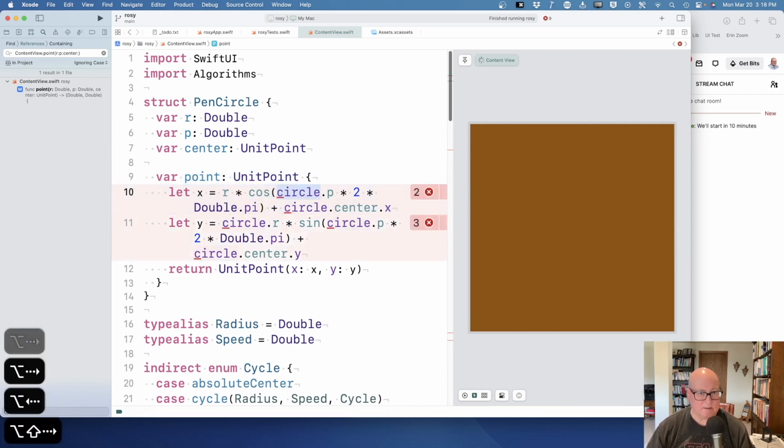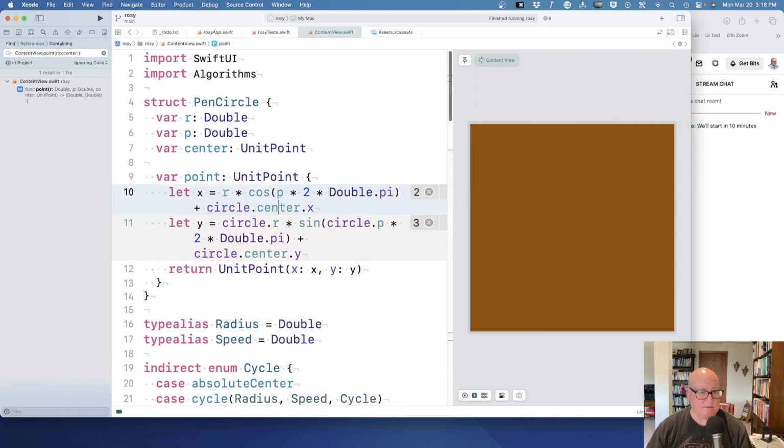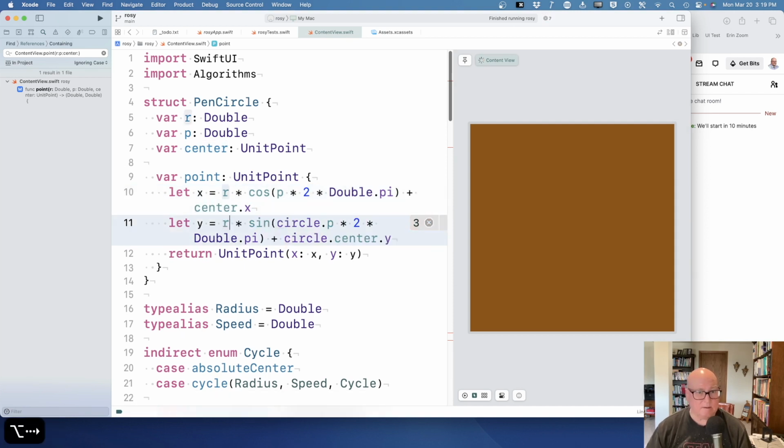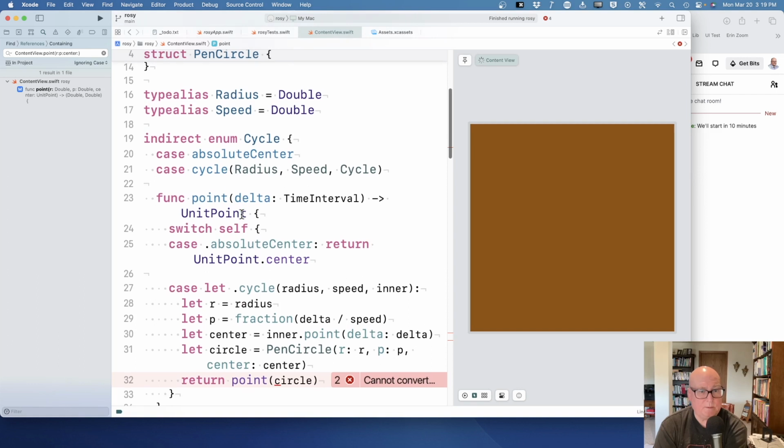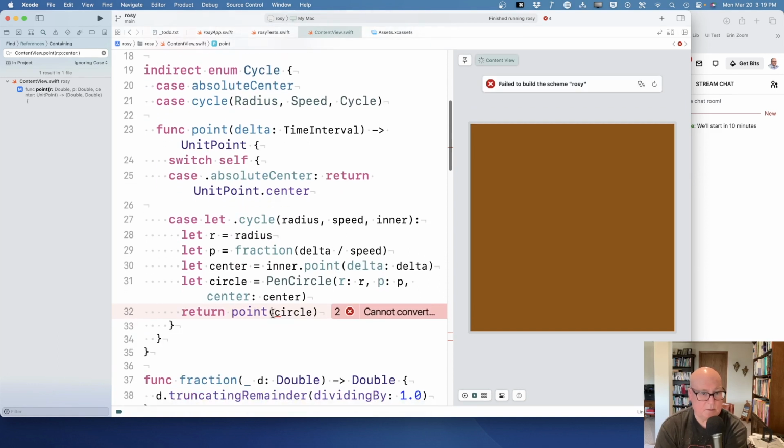R times cosine of P times this circle. Delete all the circle dots. Okay. Point of circle. Circle dot point. Okay.